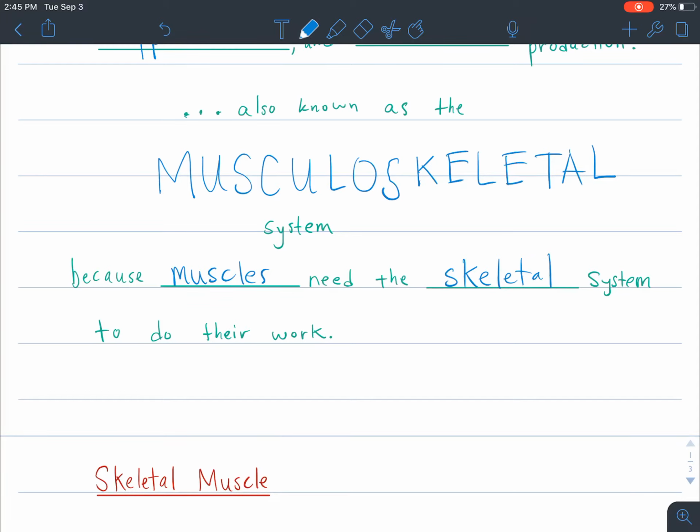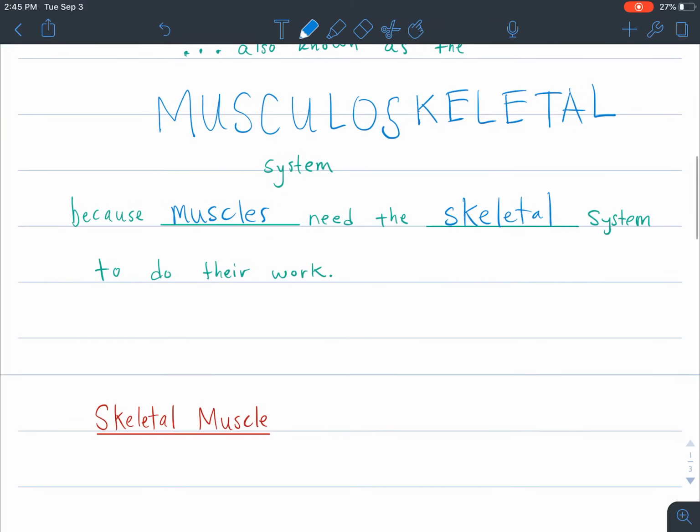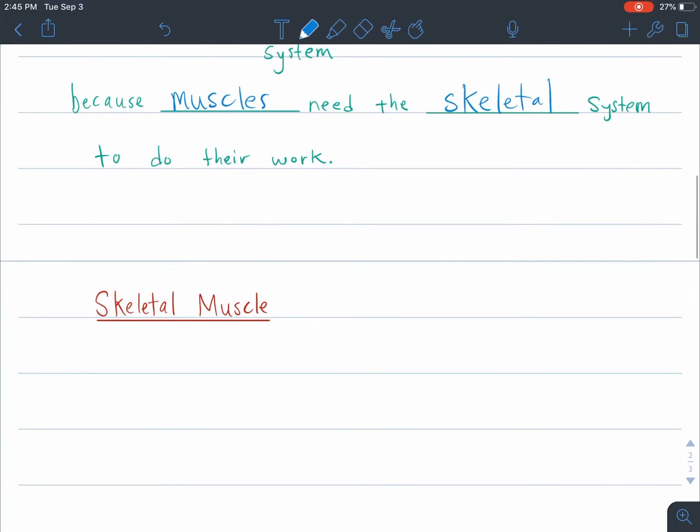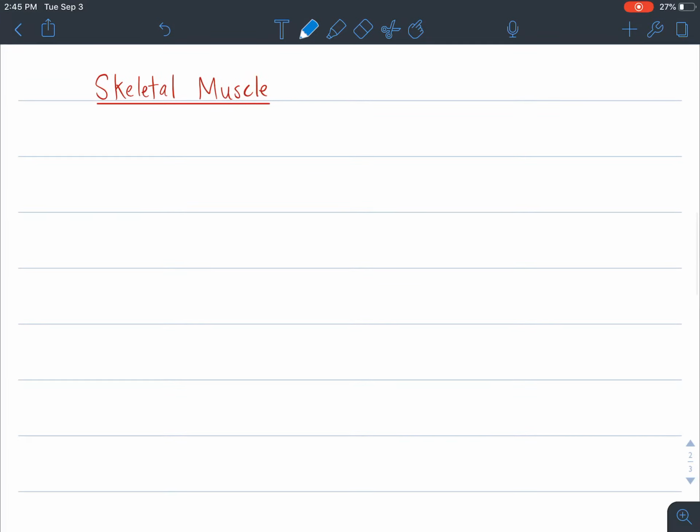So if we combine muscles and skeletal system, we get musculoskeletal, which is a big old word that just means the fact that muscles and our skeleton system have to work together in order for either of them to function. So if we define what a skeletal muscle looks like, we have to kind of draw a skeletal muscle.